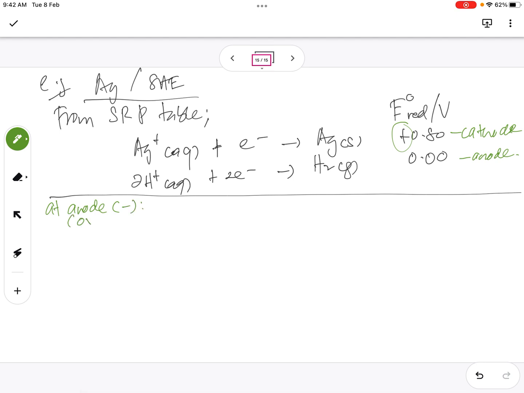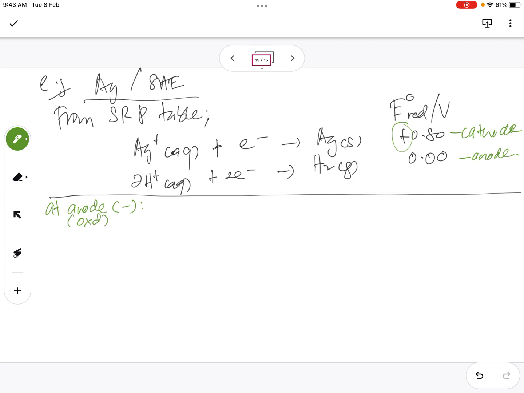Okay, proses dia oxidation. So apa kita kena buat pada equation C ni? Perlu reverse tak? Do we need to reverse? Yes or no?